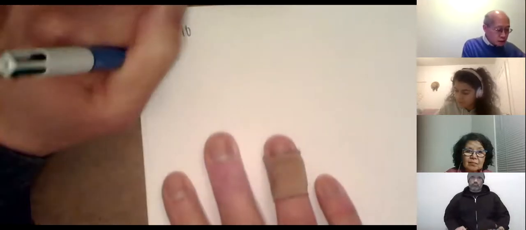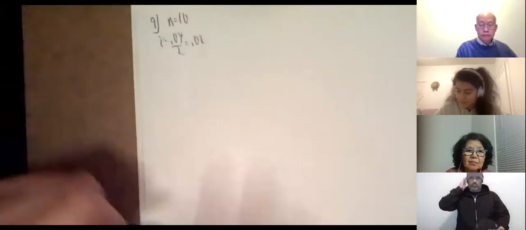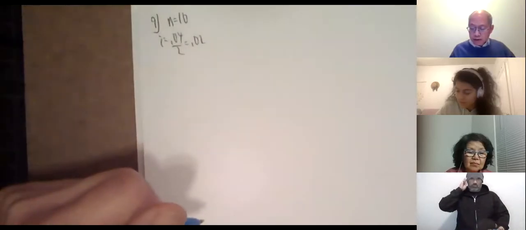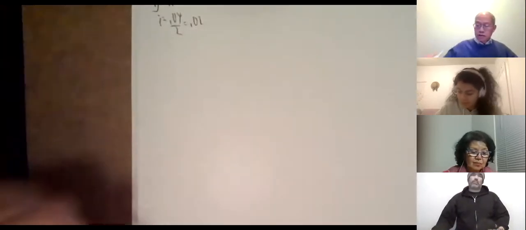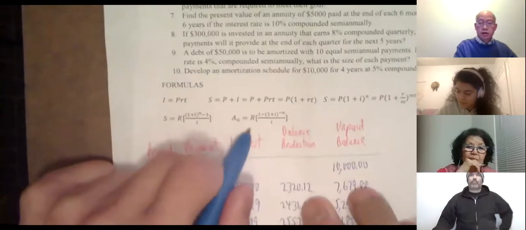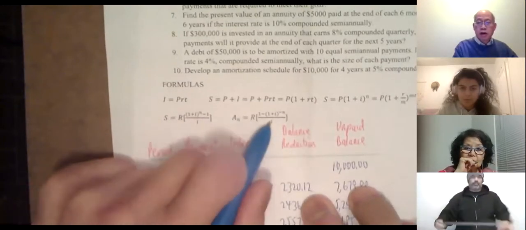So the I is 0.04 divided by 2, which is 0.02. We're asking for the size of each payment, so it's pretty much the same formula. Using this formula, 50,000 goes here. We're solving for R, and I plug in the I and the N.